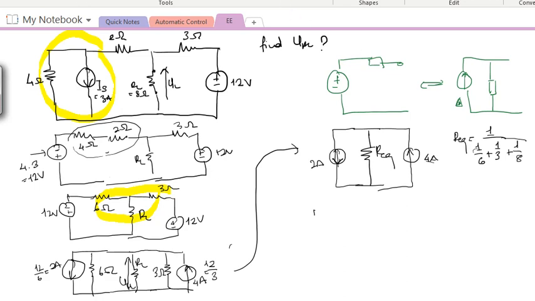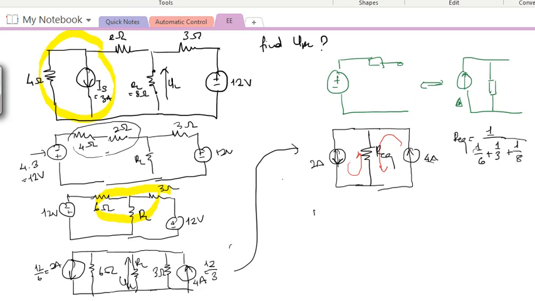So if we look into this branch, what happens in this branch is there is a current of 2 amps in this mesh that circulates into the branch. From this mesh there are 4 amps that circulate into the branch in the opposite direction. So we have the 2 amps circulating in this direction, and the 4 amps circulating in the opposite direction.